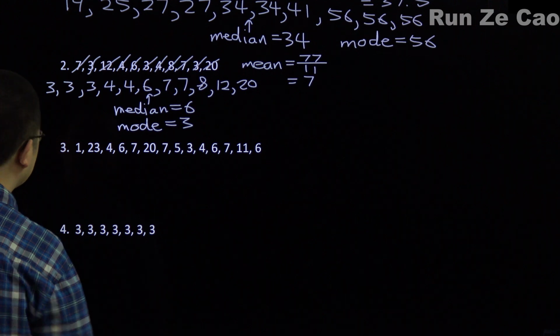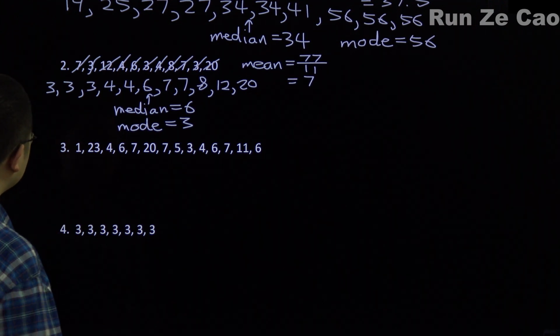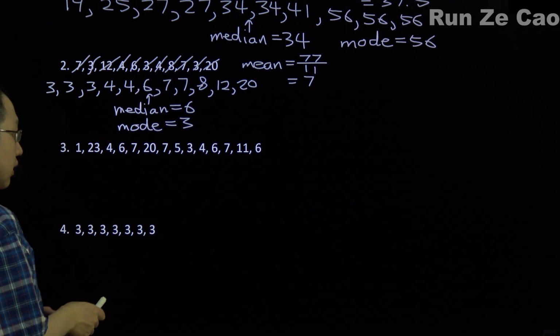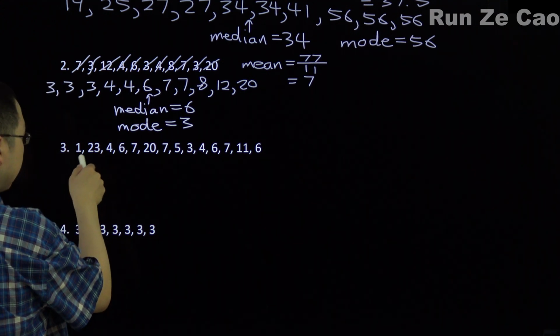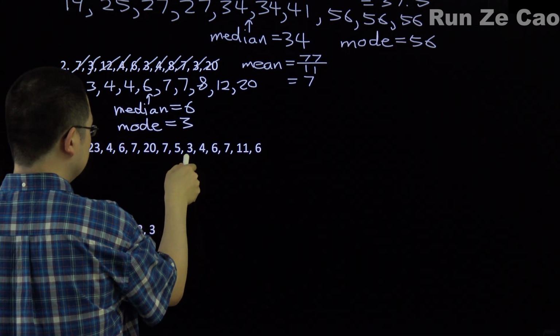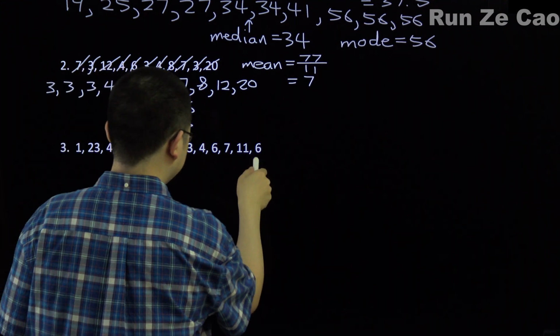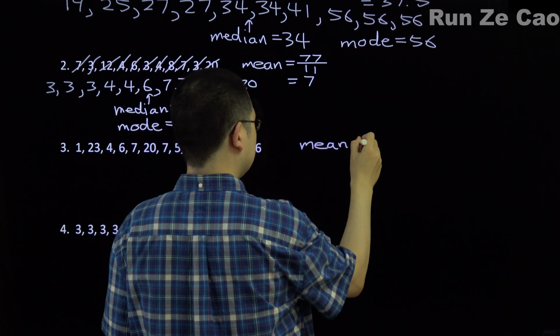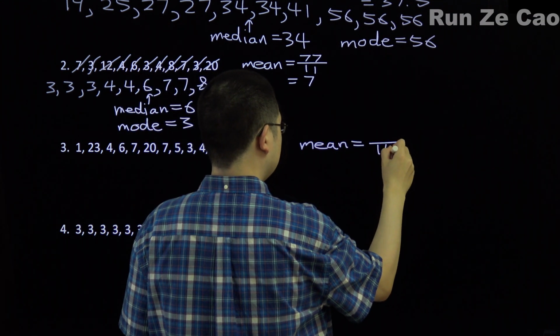Okay, what about this one? 1, 23, 4, 6, 7, 27, 5, 3, 4, 6. There are how many numbers? There are 1, 2, 3, 4, 5, 6, 7, 8, 9, 10, 11, 12, 13, 14 numbers. Mean is equal to what over 14?